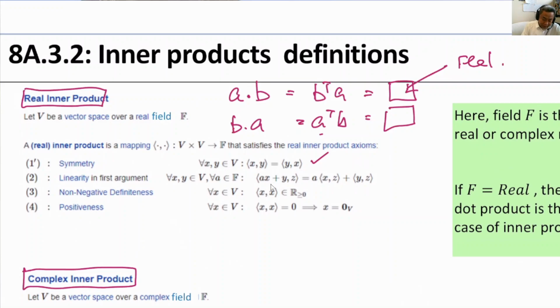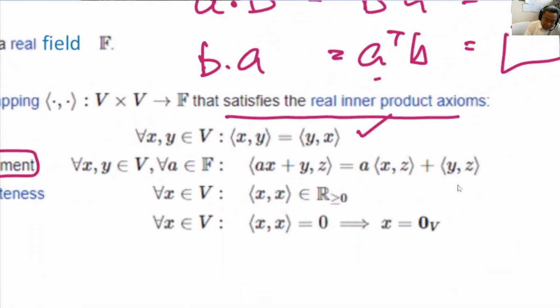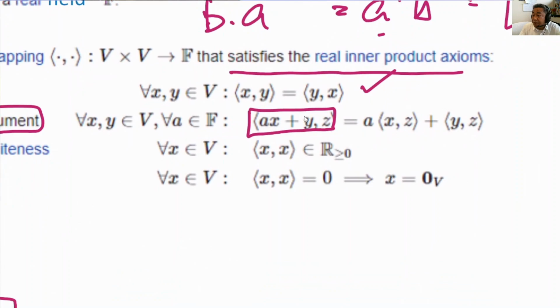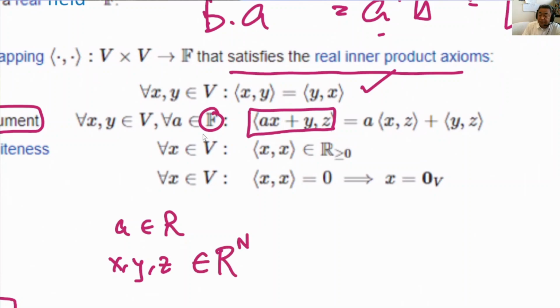Now we have a second requirement that needs to be satisfied for a real inner product, which is linearity in the first argument. What does linearity in the first argument mean? So now we have a more complicated form. We have x, y, and z, and we have a scalar a. And this scalar a belongs to F, and here we're talking about the real inner product. So a belongs to the reals, and x, y, z all belong to, let's say, Rn.